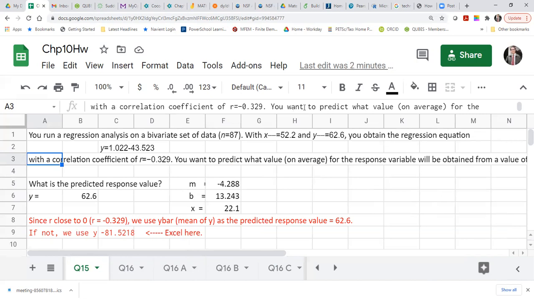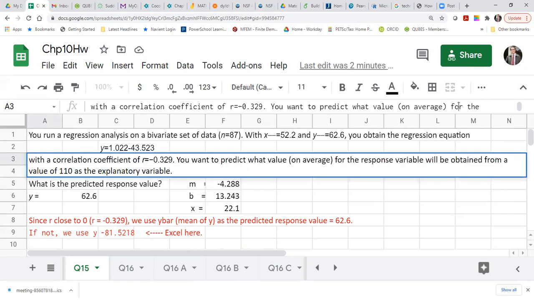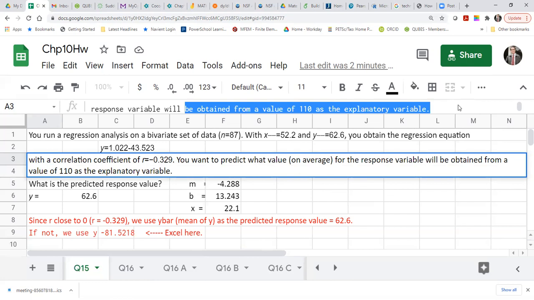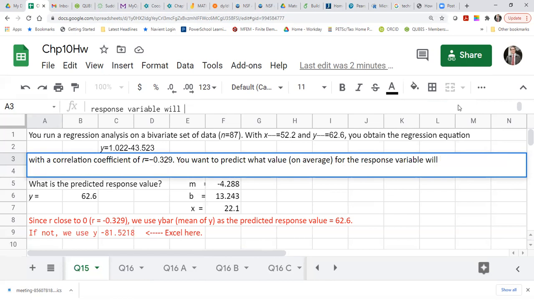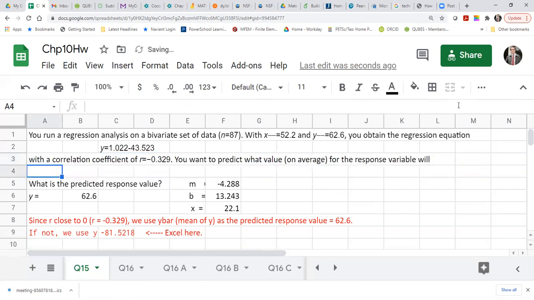Maybe I need to cut off from here, and then put it on here.